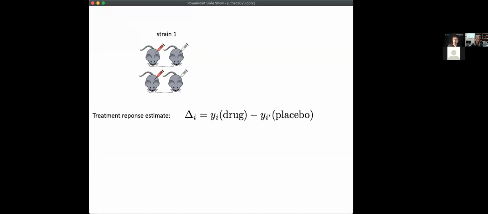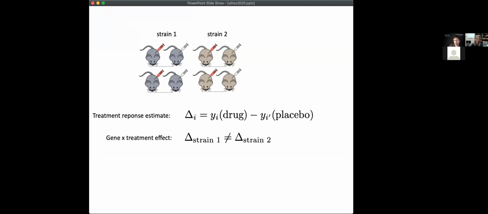Moreover, if you have more than one strain, then you can start estimating the delta that's inherent to strain 1 and the delta that's inherent to strain 2, and then you can ask, well, are those deltas different from each other? And on the basis of that, you can ask whether you have a gene by treatment effect, which is in this case a strain by treatment effect. And you can do that with more and more strains.